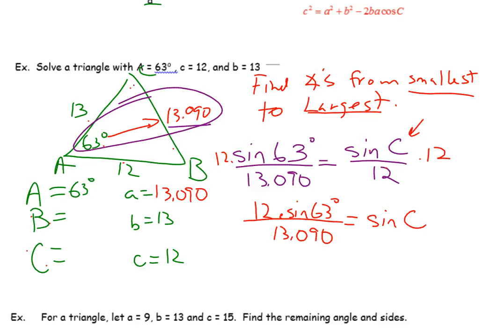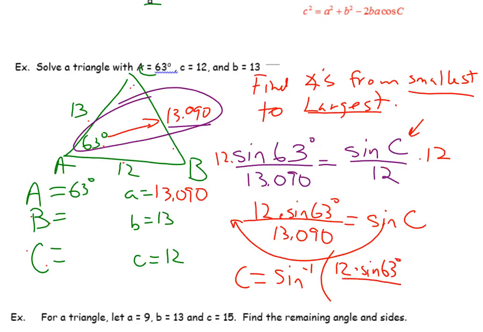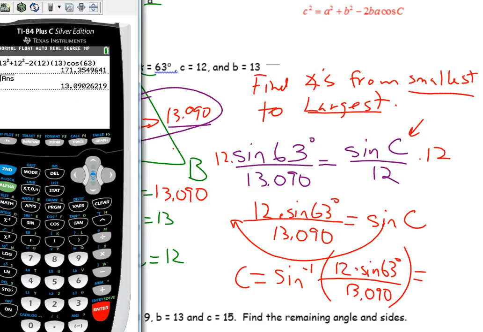Now, to get C alone, don't you have to move the sine over to this side? So, didn't I get C equals, well, remember, when you move the sine across, you're going to have the sine inverse of 12 times the sine of 63 degrees over 13.090. Right? Doing this on your calculator, I'm going to get the sine inverse. So again, second sine gives me the sine inverse.